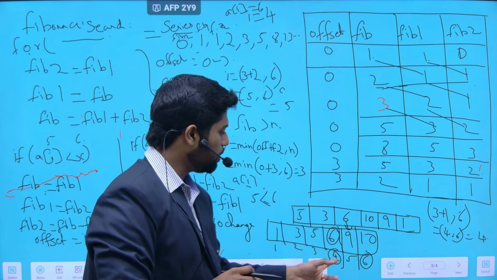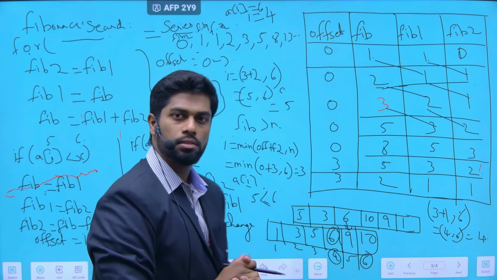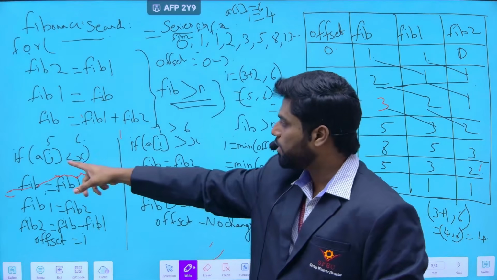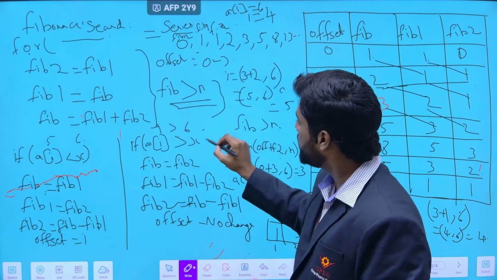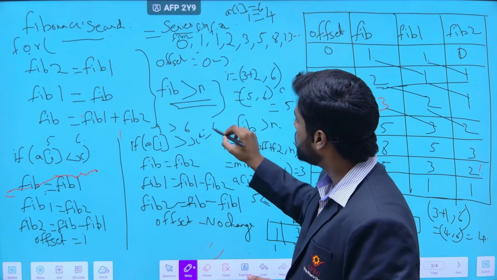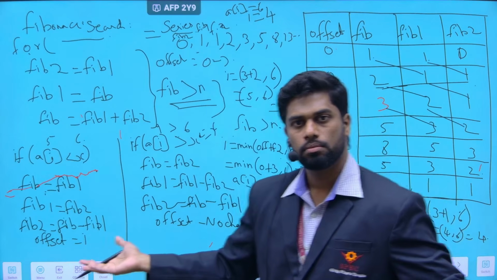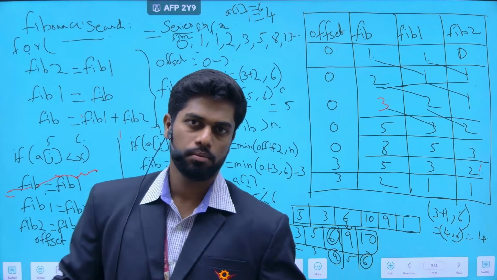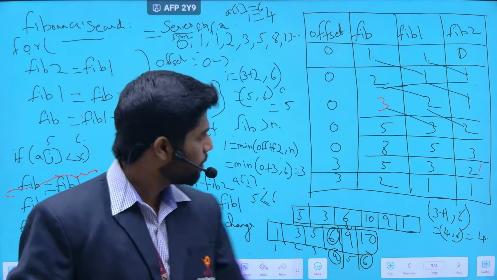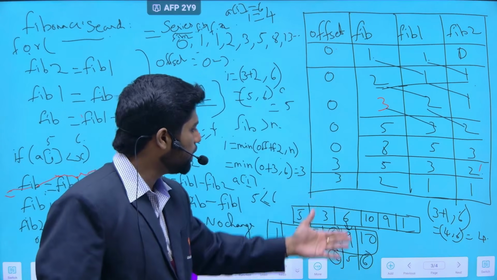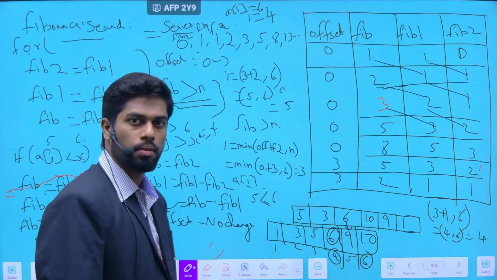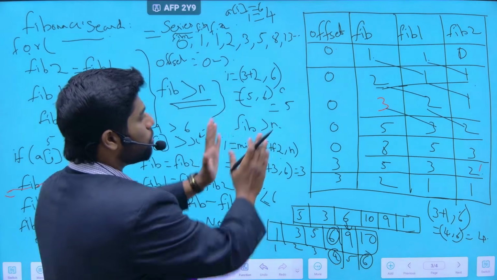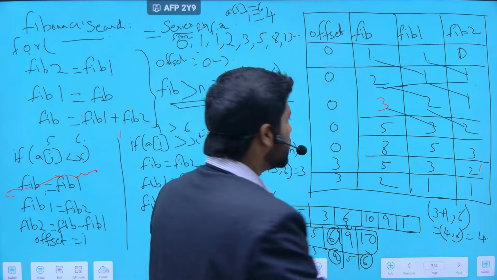Only we have two conditions: A of I is greater than or less than that key. If it is equal to key, that means A of I equal to X, the search is over. You found the element at position 4. This is what your Fibonacci search is.